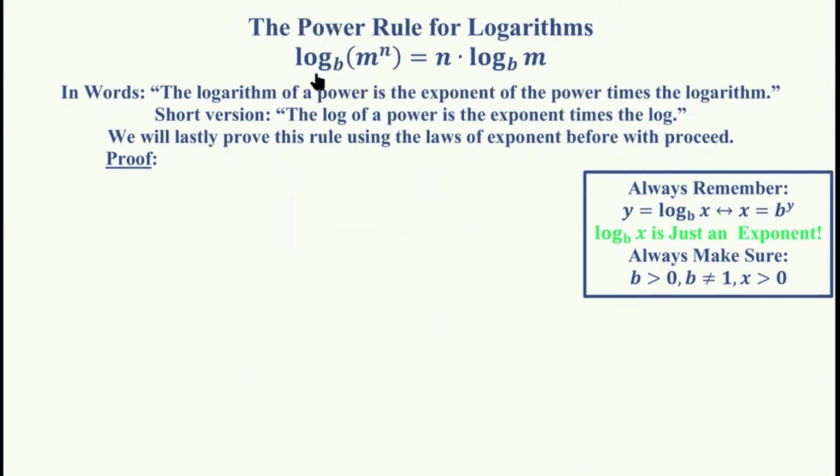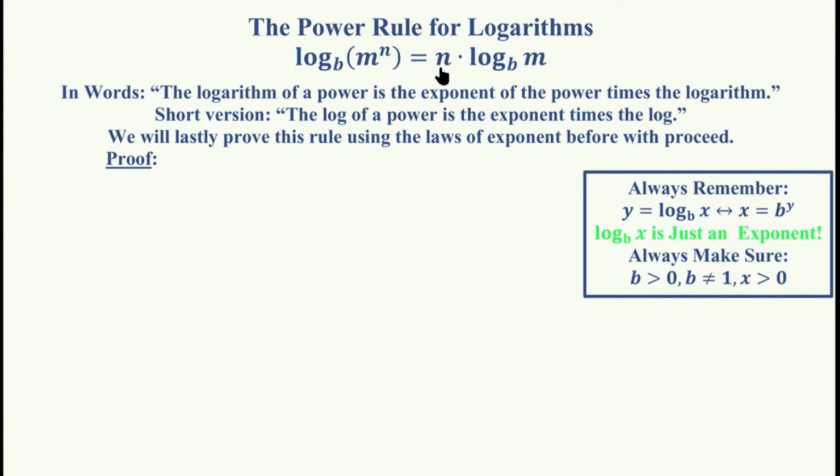So the power rule states that if you have the log of a power, it's going to be the exponent times the log. Now this power rule is going to be a particularly important rule for us. They're all three important, but this is extremely unique because we've never seen any rule until now that takes an exponent and makes it something other than an exponent, in this case a factor.